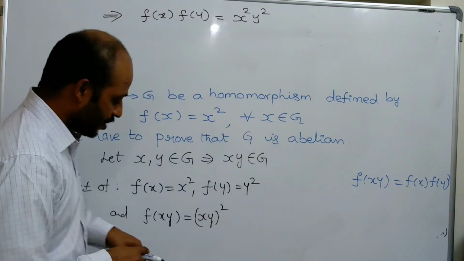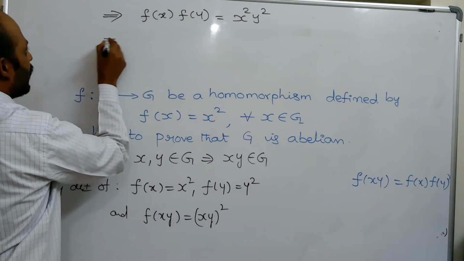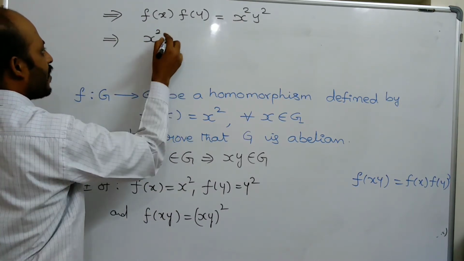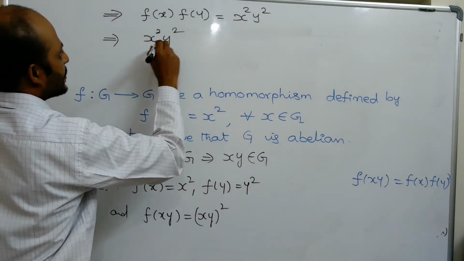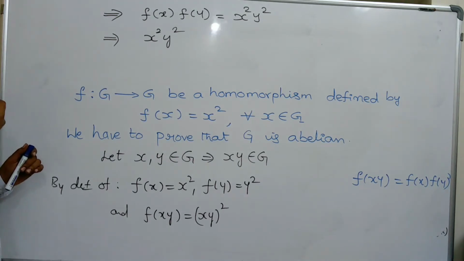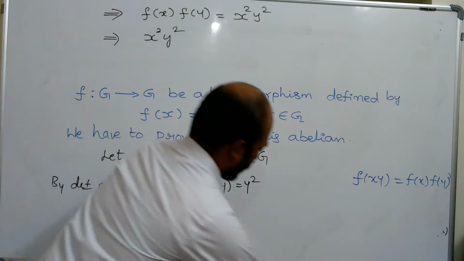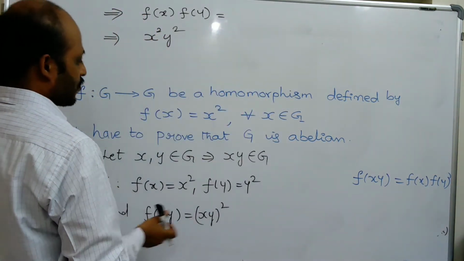By applying this definition, the left side f of xy can be written as f of x into f of y. By the definition of f, f of x gives x square and f of y gives y square. So the left side is x square y square.